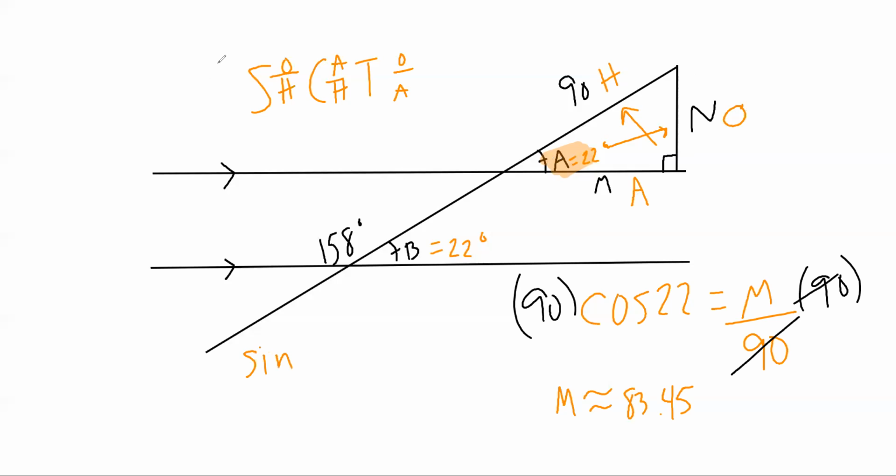So sine of 22 degrees equals my opposite side over my hypotenuse. Again, I'm going to do inverse operations to solve for my variable. That cancels. 90 times sine of 22 degrees is going to give me a measurement of approximately, there's my approximation symbol, so n is approximately 33 and 71 hundredths.